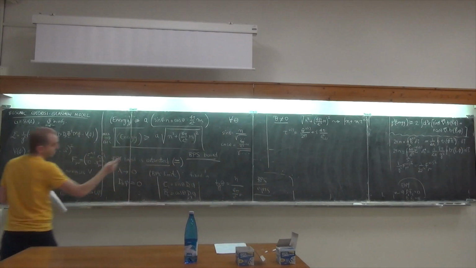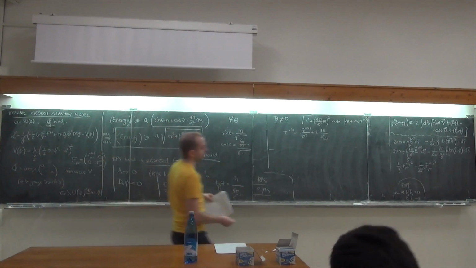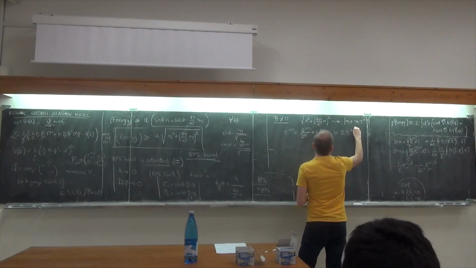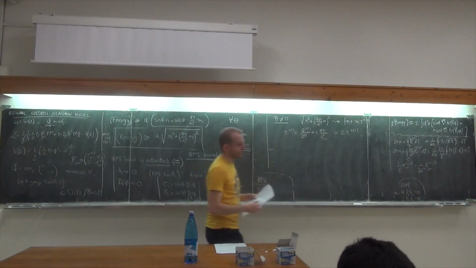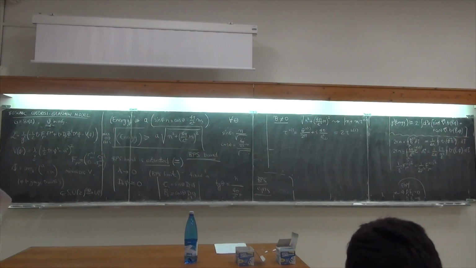And again, if you compare the complexified coupling of the unbroken U(1) to the complexified coupling of the whole SU(2) group, you will find some factor of 2. Okay, let's not worry too much about it.